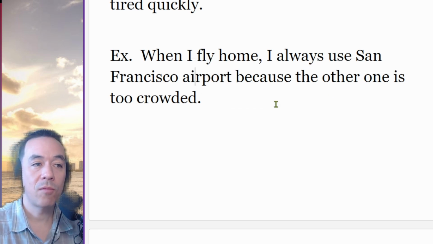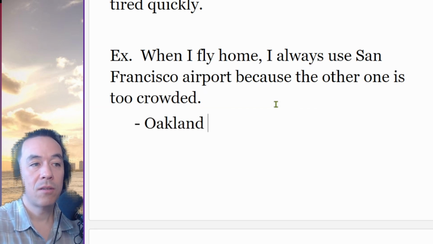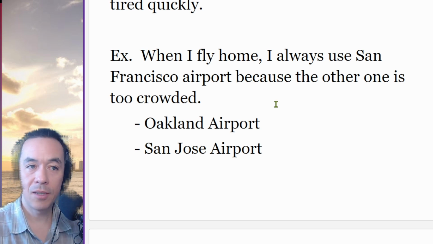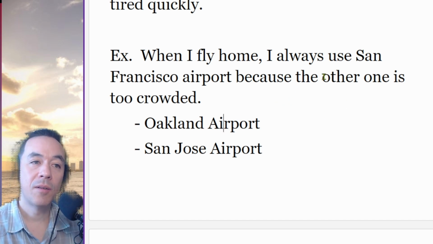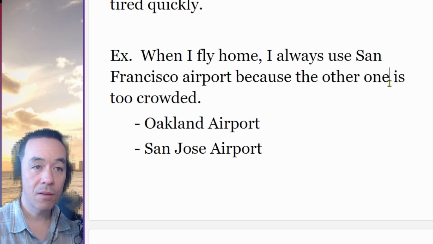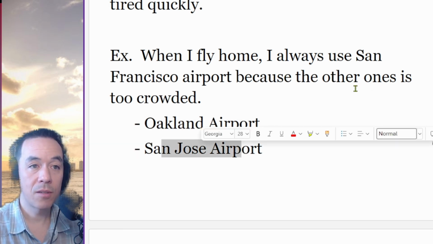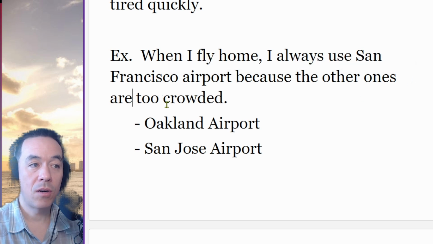Or let's say there is Oakland Airport. There's also San Jose Airport. So they all kind of support the same area. And maybe the closest to San Francisco is Oakland. So say the other one is too crowded, but let's say both of the other ones, both Oakland and San Jose, are too crowded.